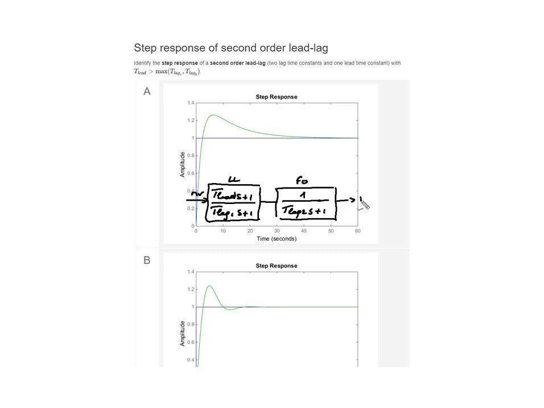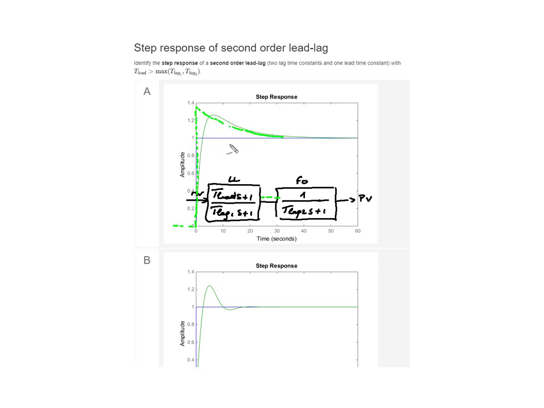And here we have the output, right? And we can kind of imagine the output of the lead lag system, and we'll show it here in dashed. It would look something like that. It has a direct feed-through term, and it would look like something like that.